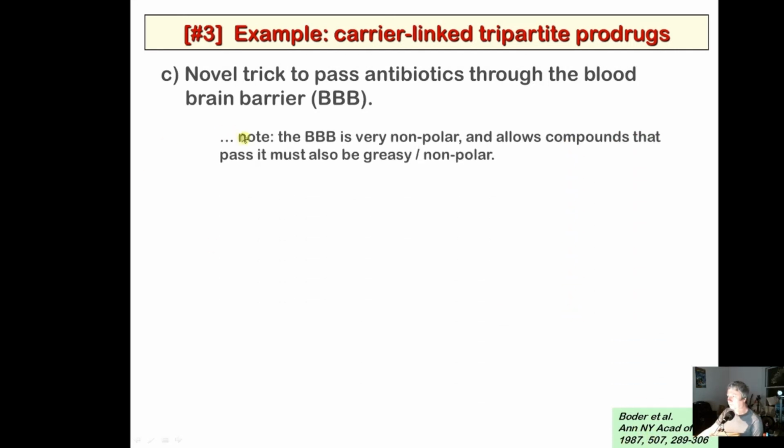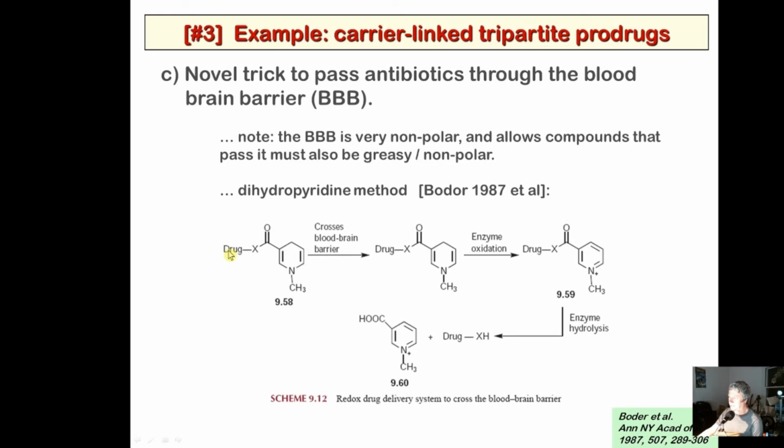Anyway, so remember the blood-brain barrier is very nonpolar, and when you want a drug to pass into the brain, into brain tissue, it needs to be kind of greasy and nonpolar as well. And so this method by Boder, I think I misspelled his name here, uses dihydropyridines, and it's a pretty clever technique, I think.